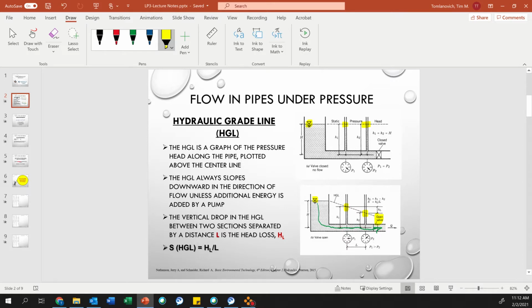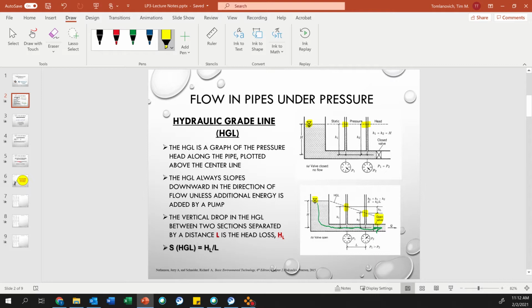We use this concept in soil mechanics, groundwater flow. Especially in dams, downstream of the earth embankment, we'll put wells in a linear line. We want to measure the height of the water and determine which way the hydraulic grade line is going.